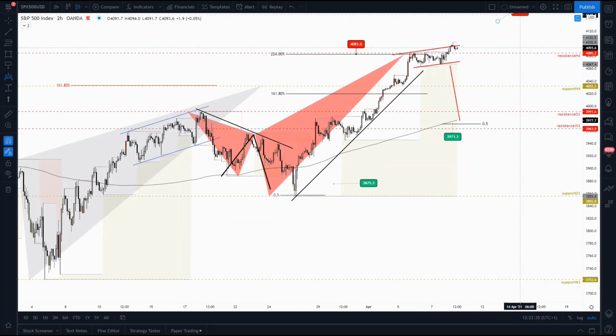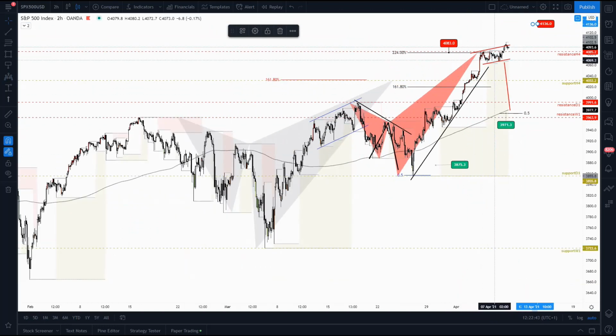SPX 500, as I shared before, I shorted this one. I have my stops positioned above. This is a small position size trade that I pushed, so I need to rely on those levels. So I believe it's still possible to see SPX falling from this price zone, taking into consideration the bearish pattern formed above.